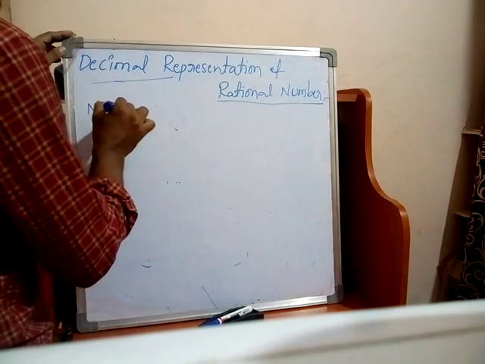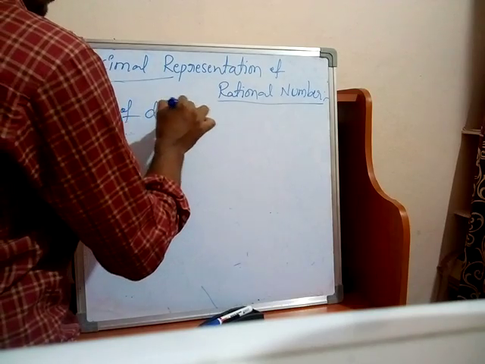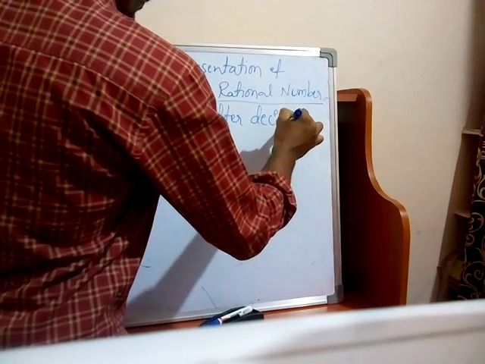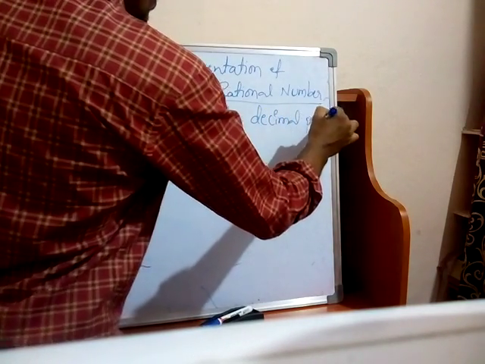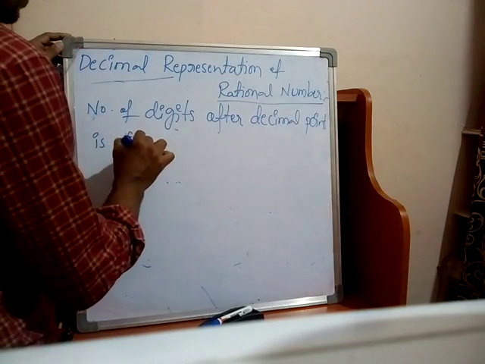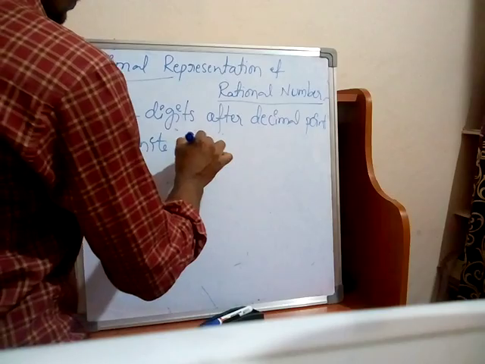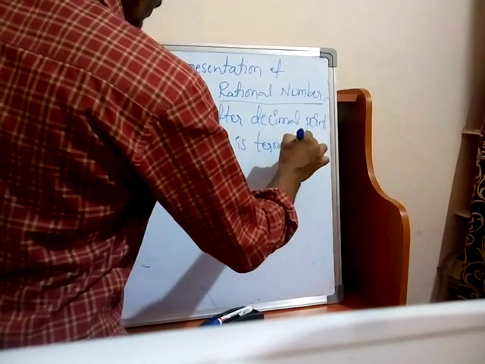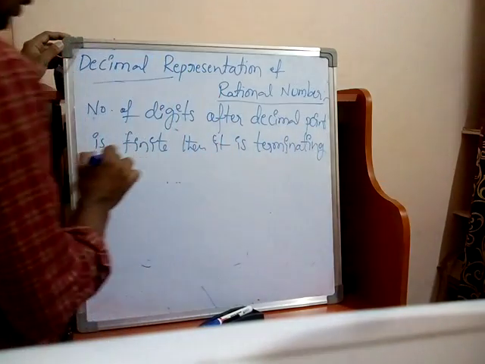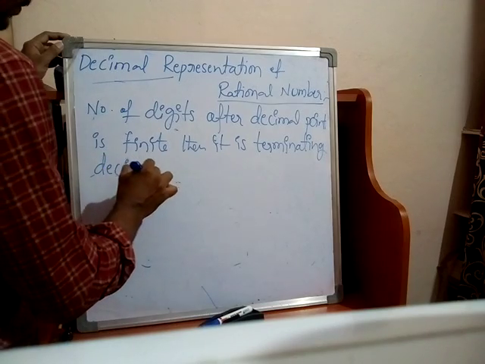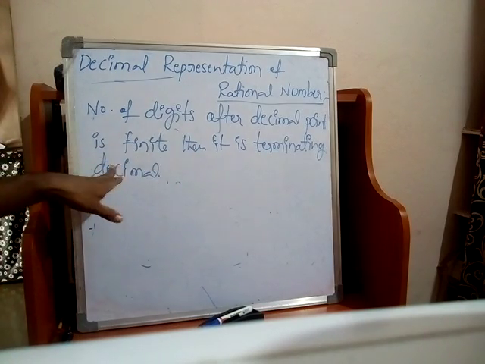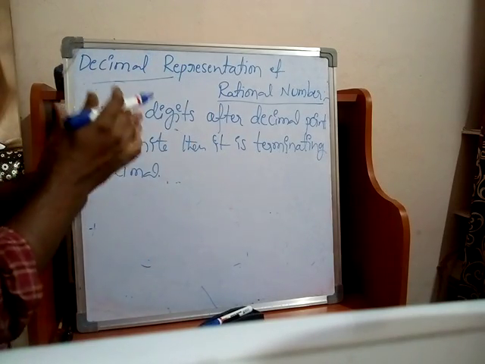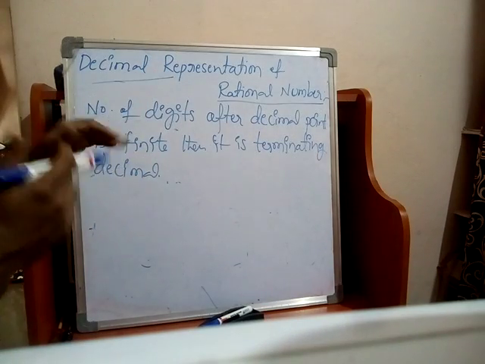Finite means we can easily count. The number of digits is countable. So that is a terminating decimal.